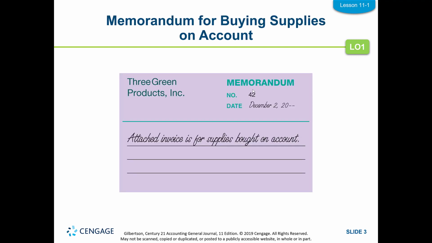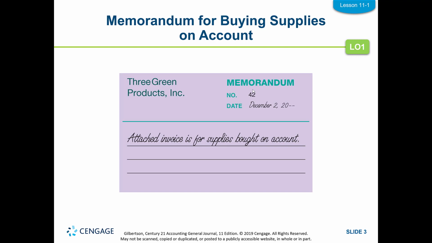So we take a look at here, we have a memorandum. So we're buying supplies on an account. So we know when we hear the transaction bought supplies on an account, that supplies is going up, and that we're also having to affect accounts payable, in this case Green Products.